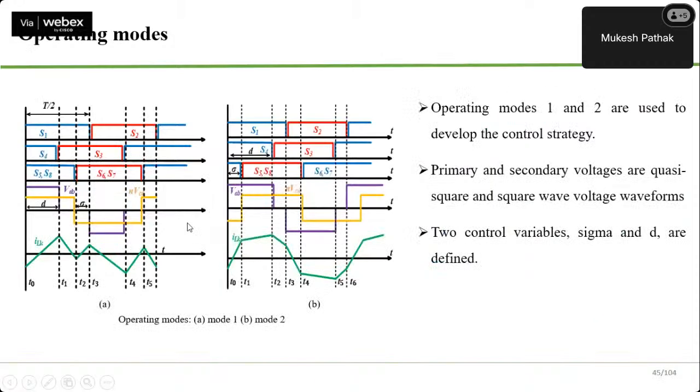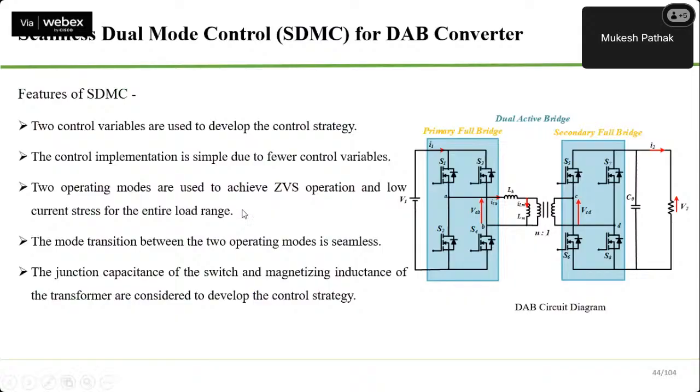As loading conditions change, this ZVS operation is maintained for all loads. The mode transition is seamless, and junction capacitance of the switch and leakage inductance of the transformer are used to develop the control strategies.